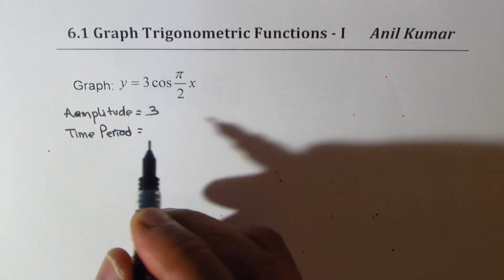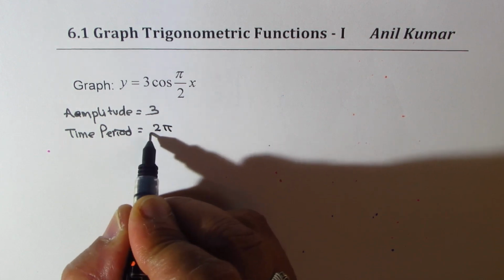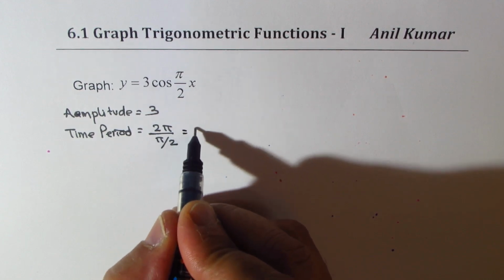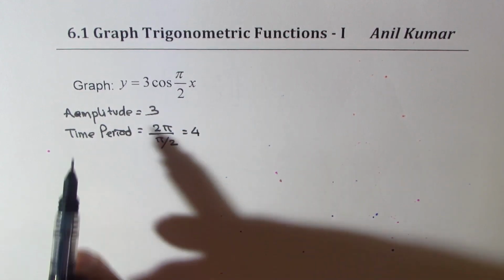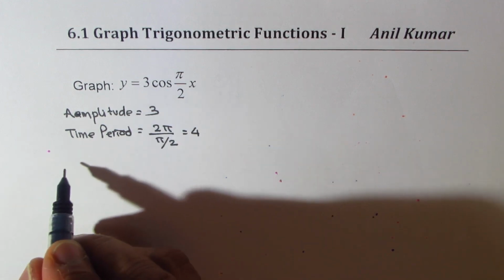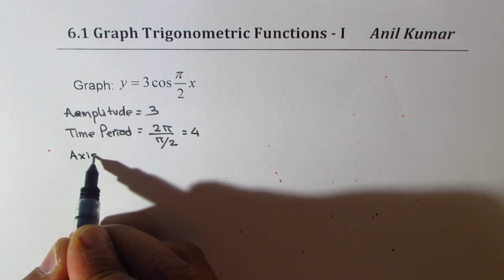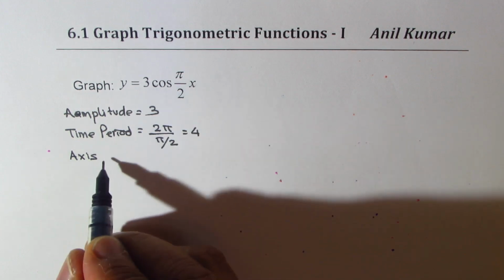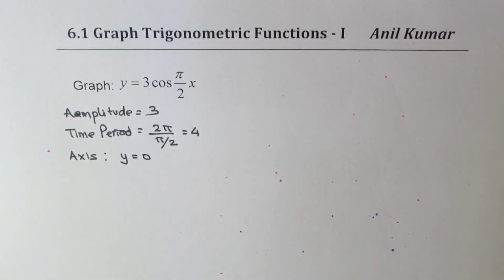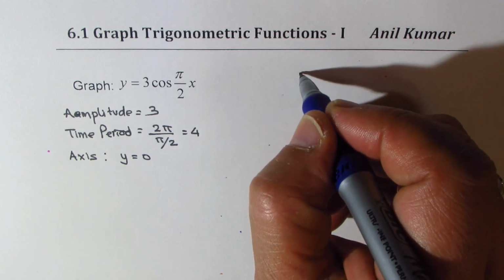Since k is pi by 2, it is 2 pi by pi by 2. Is it okay? So that gives you a time period of 4. So the time period is 4 here. There is no vertical translation, so x-axis is at y equals to 0. So to sketch this graph, the cosine function, what we could do is, we could sketch something like this.